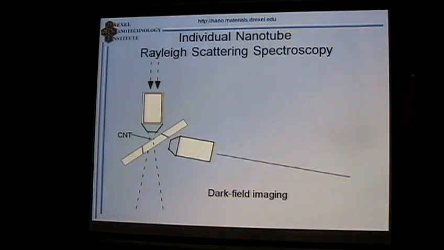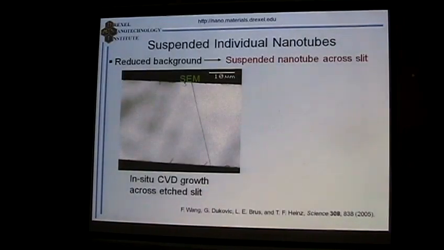There is another simple but useful technique, Rayleigh scattering. Rayleigh scattering intensity, as we already discussed, is 1,000,000 times stronger compared to Raman scattering. So this is a good thing about it. You can use this very simple configuration, and pretty much you do dark field imaging of carbon nanotubes which are suspended over a hole or lay on a substrate, and measure the intensity of Rayleigh scattering.